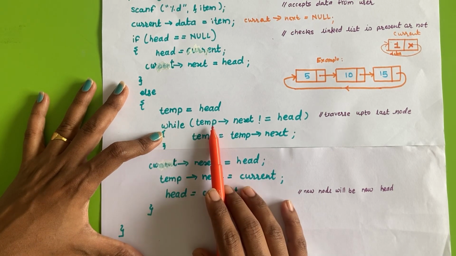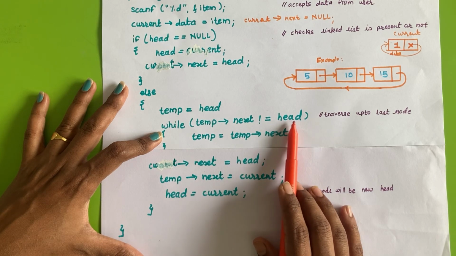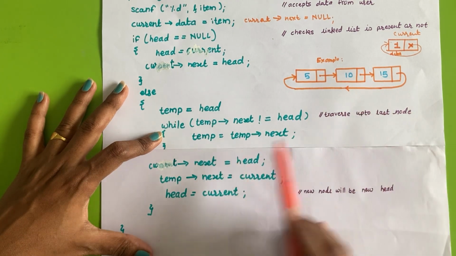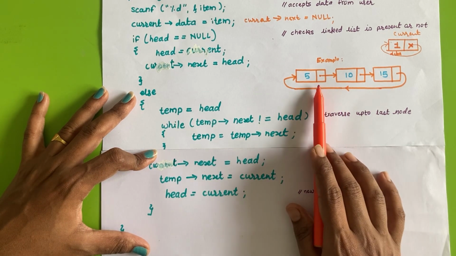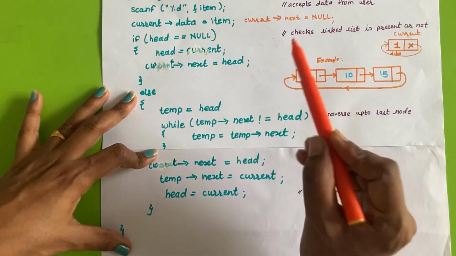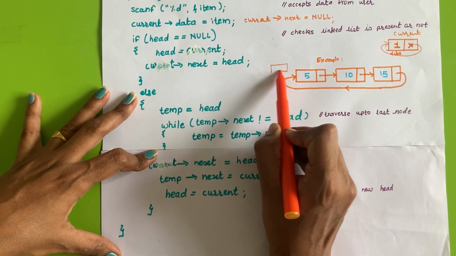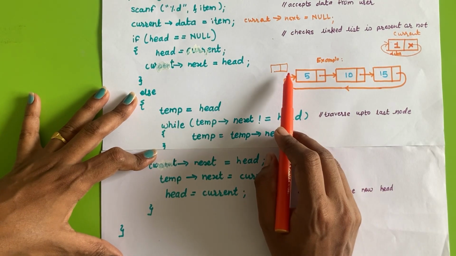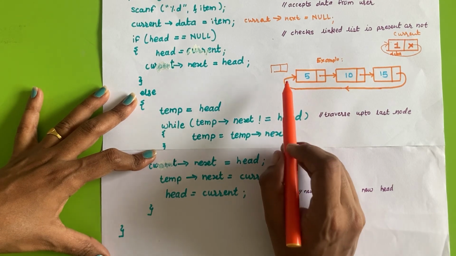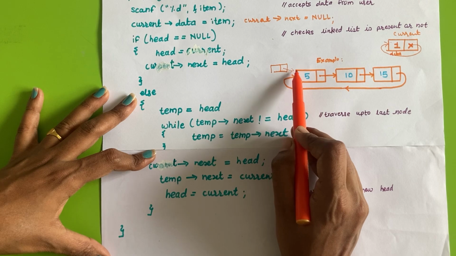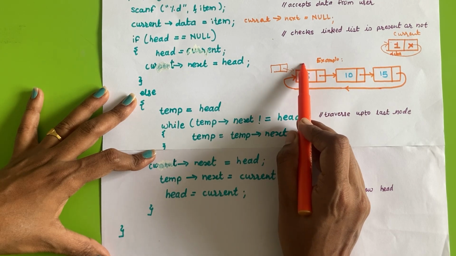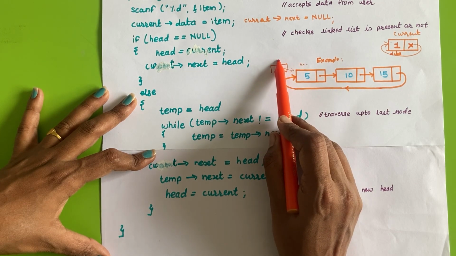Now while temp's next is not equal to head, we have to update the temporary pointer to temp is equal to temp's next, because if we are inserting the newly created node at the first of the linked list, what will be the changes we have to make? So this pointer will get attached to this node, which is the current head node, and this will work for the new head node.